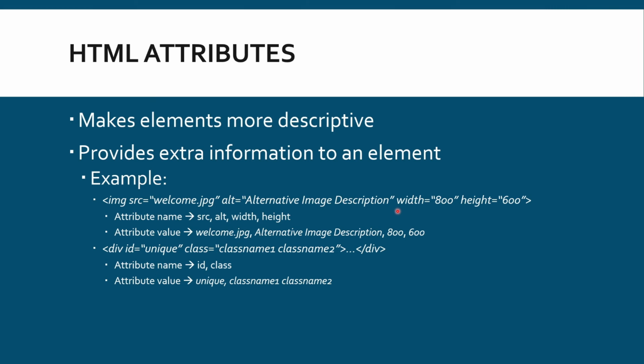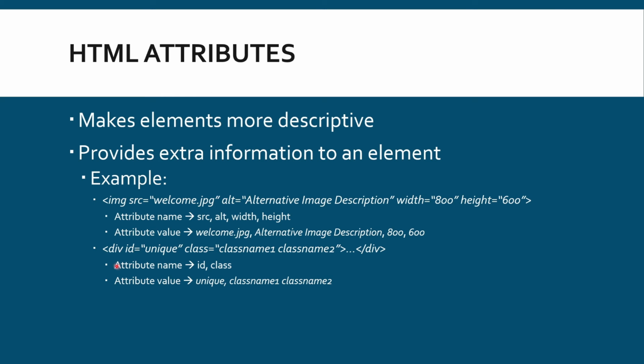Width attribute name, 800 attribute value, height attribute name, and this is the attribute value 600. Some attribute names and values may be required, necessary, based on different tags. Like for this image tag, src is important. If we don't have the src attribute, then the browser won't know what to display as an image.